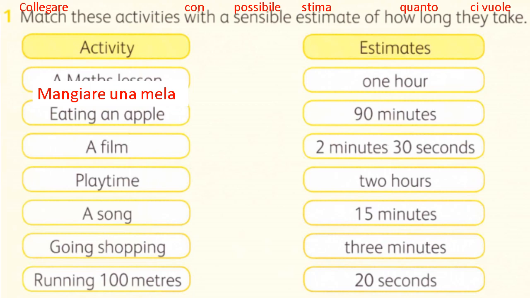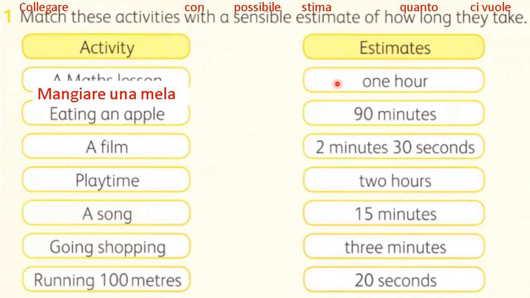The next activity is eating an apple. Obviously, this depends on how fast you eat and how big your apple is, and maybe if you like the apple or not.